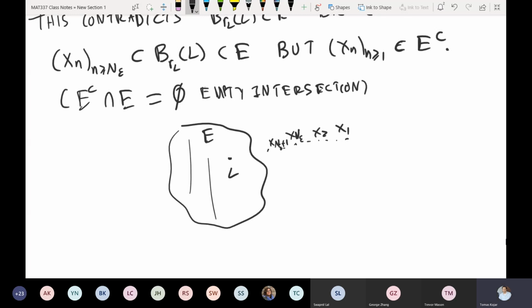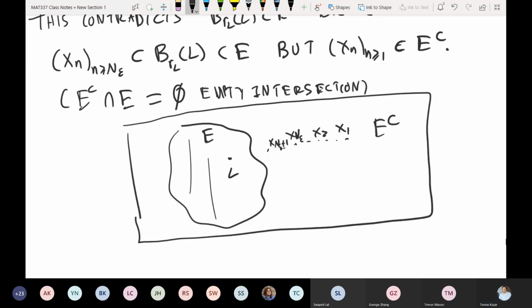This is E. And this is E complement. And you found the ball fully contained.